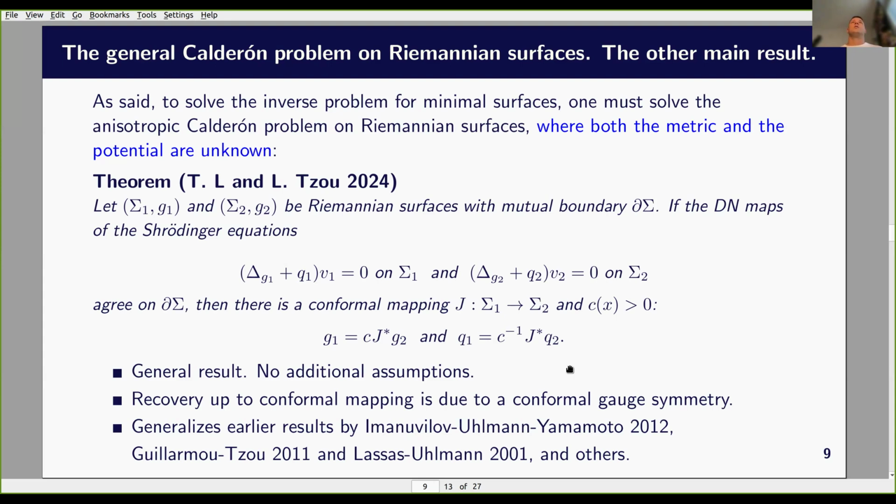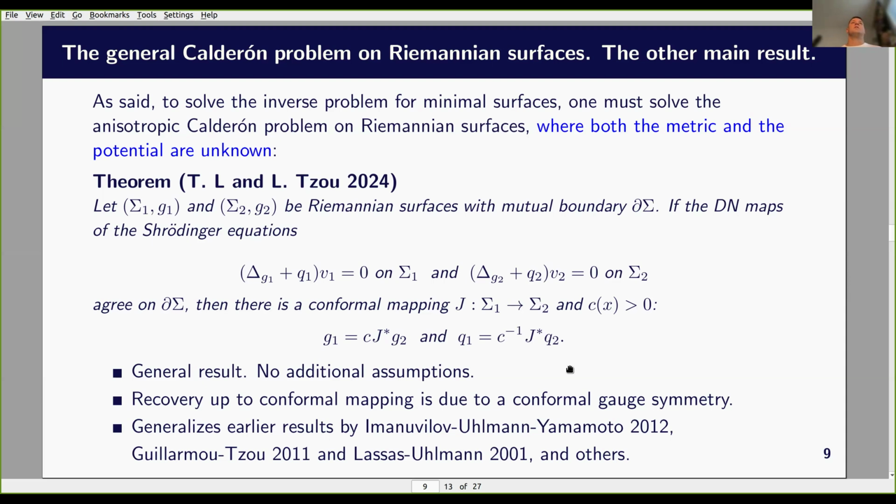As said, to solve the inverse problem for minimal surfaces, one must solve the anisotropic Calderón problem on Riemannian surfaces, in the case where both the metric and the potential are unknown. So we prove the following. This is the result which I will now announce. It is a result by me and Leo Zhou, and it should be on arXiv hopefully in a few weeks. And it goes as follows.